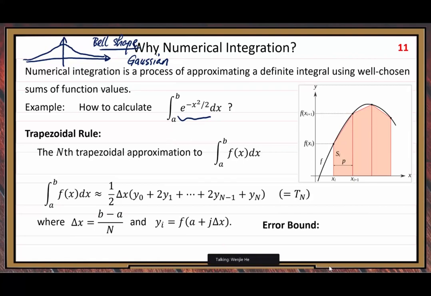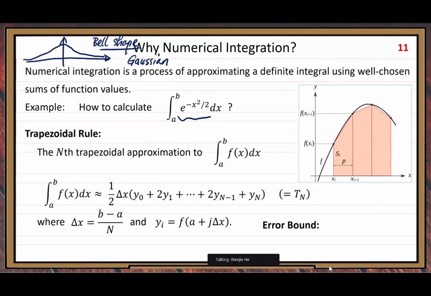Then we can consider the error. When we use this formula, how large is the error? That is important. When we do approximation on a given interval, we need to know how large the error term is, the precision of the approximation. We want to know if the error is acceptable or not.